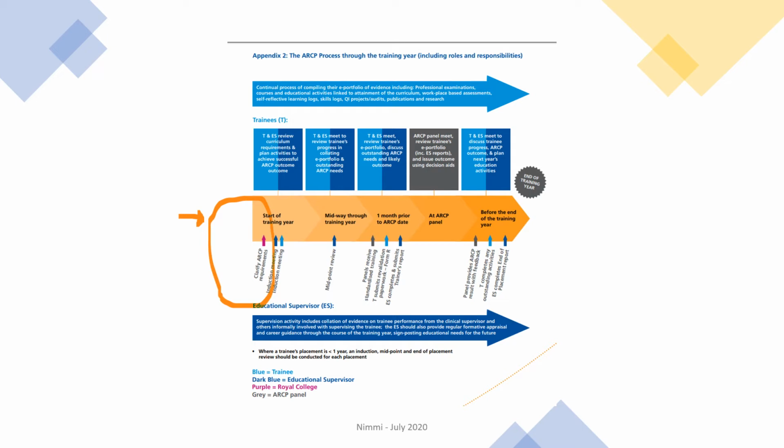You will find that for every stage of training, we have an ARCP checklist. I know that you may be either an ACCS trainee, a core trainee, or a specialty trainee. So for each category, there's a separate checklist.